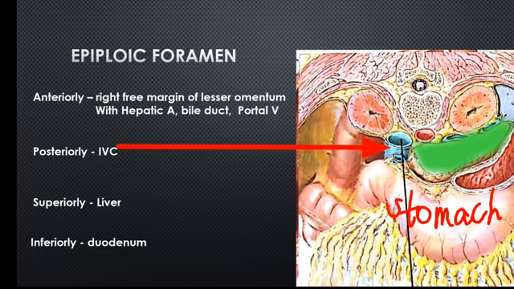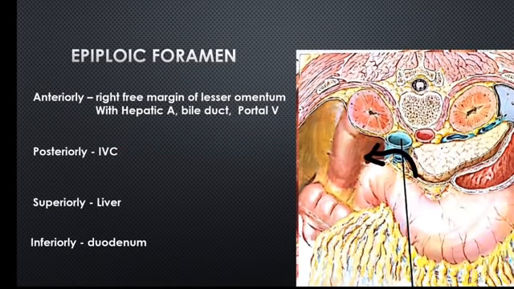The arrow mark denotes the epiploic foramen, where anteriorly you can see the right free margin of the lesser omentum containing the hepatic artery, bile duct and portal vein. Behind you have the inferior vena cava, superiorly the liver, which has been taken out because of the cut, and inferiorly the duodenum. So this is about the epiploic foramen.